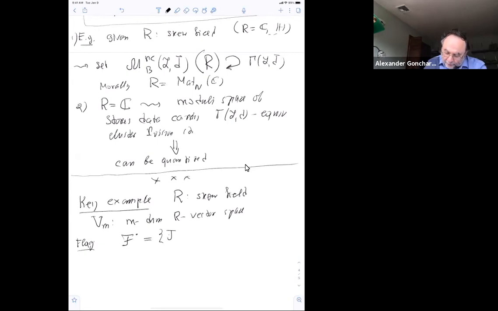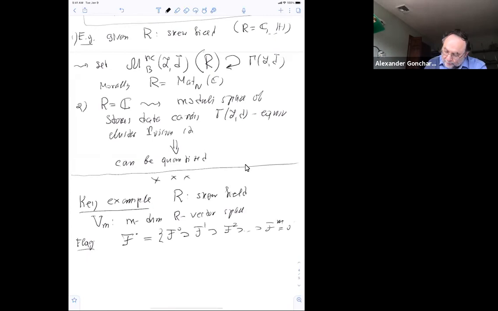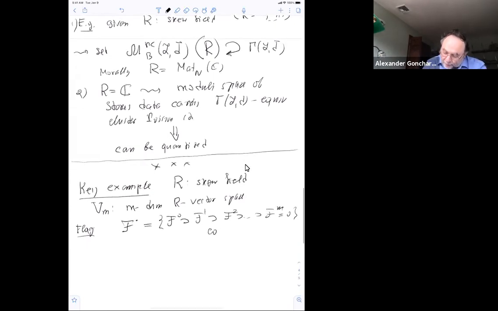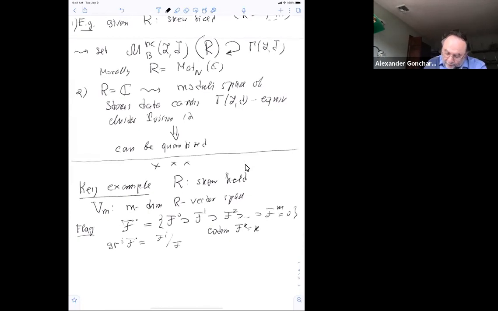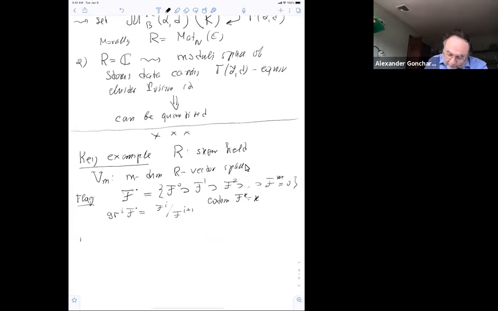So we have a collection of subspaces, actually, sorry, I use the upper indices. So this is a decreasing collection. And I assume that the codimension of F^k is just k. Also, I want to consider a little later the associated graded, which is defined as codimension i divided by codimension i plus 1 subspace of this flag. So these are flags. And now the first question is how to describe generic pairs of flags.